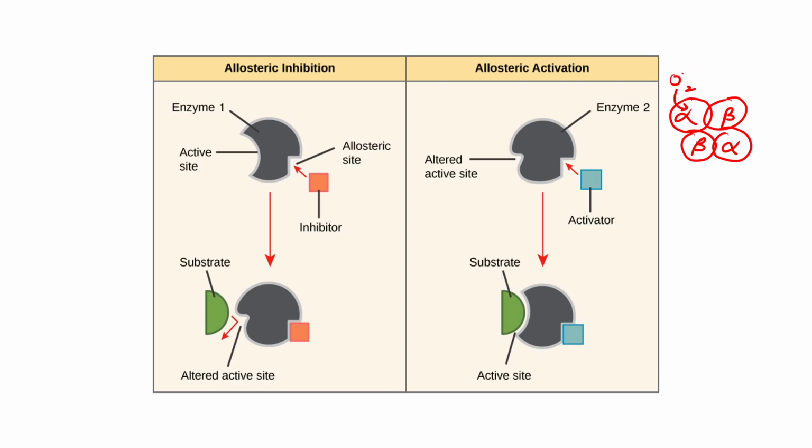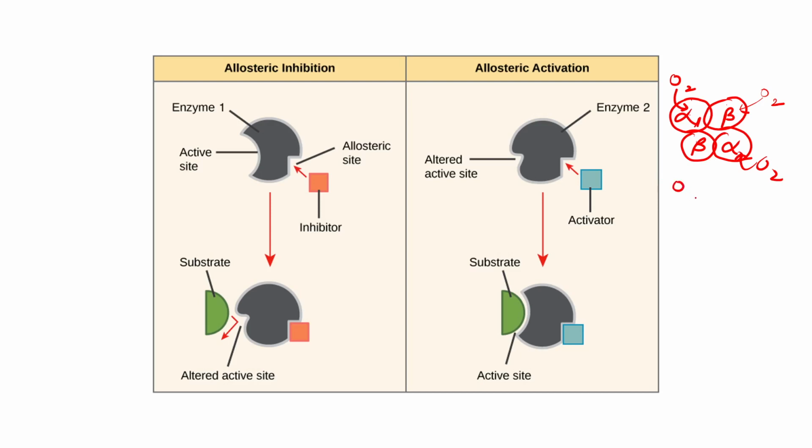Once oxygen binds to the first alpha subunit, so let's say this is alpha 1 and this is alpha 2, it facilitates the binding of other oxygen molecules to the other subunits of hemoglobin. Basically once alpha 1 binds to oxygen, it will facilitate the binding of oxygen to beta 1, then beta 2, alpha 2, and so on. This is the allosteric effect of hemoglobin.